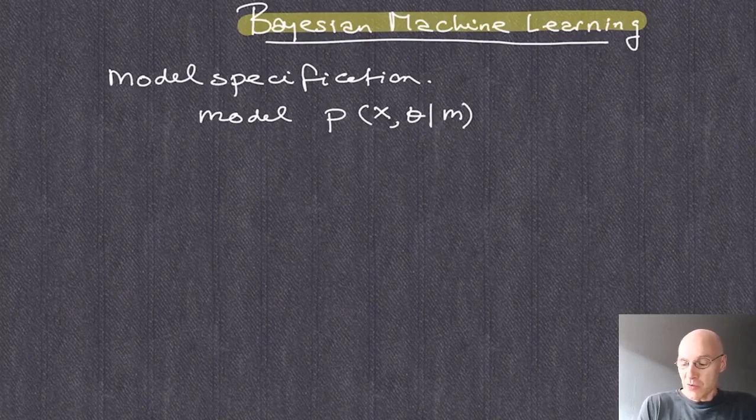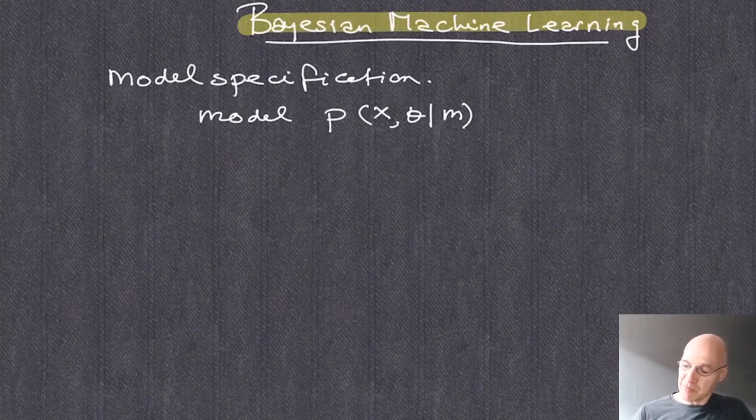Now, what you need to do is you want to actually specify these models in what's called a prior and a likelihood. The reason to do that is because it's usually the easiest way to specify a model.